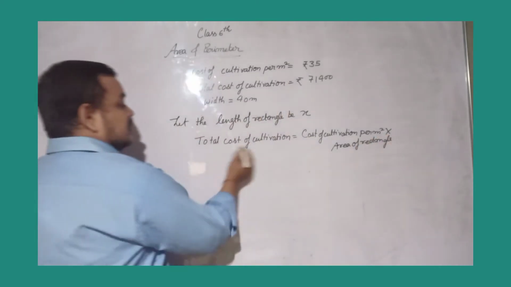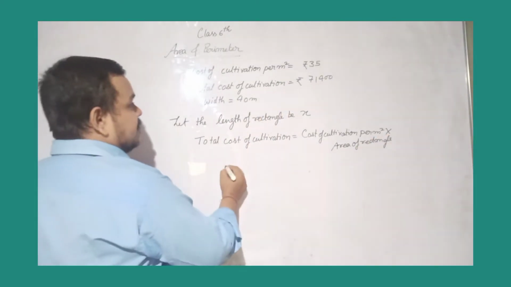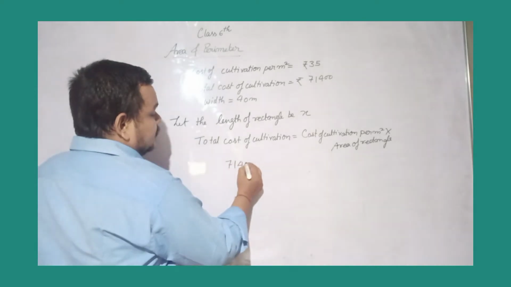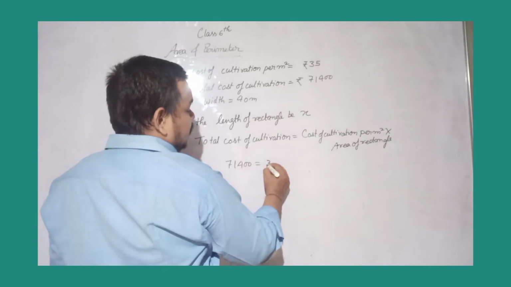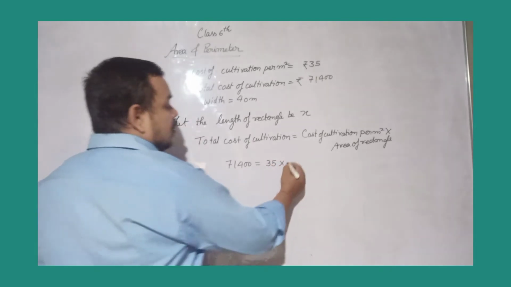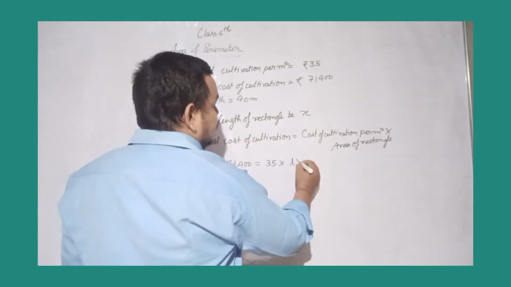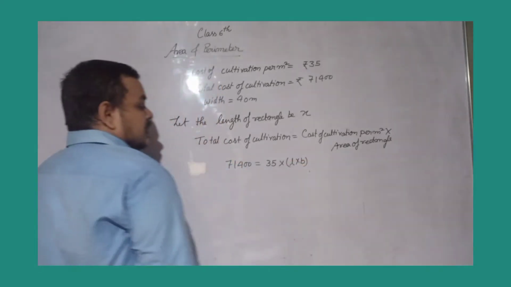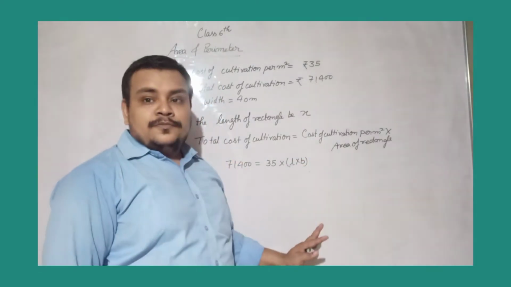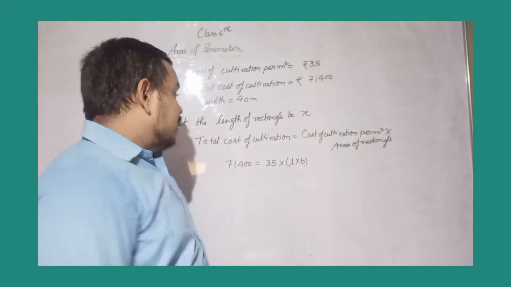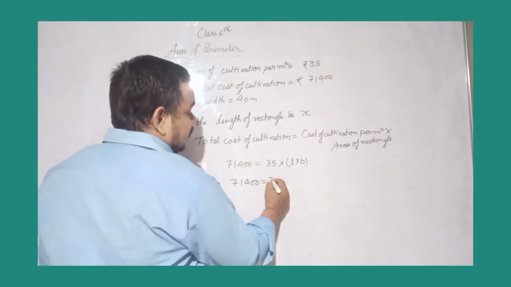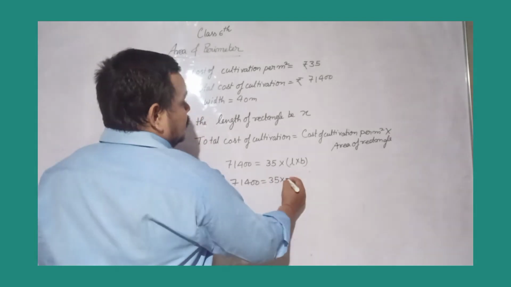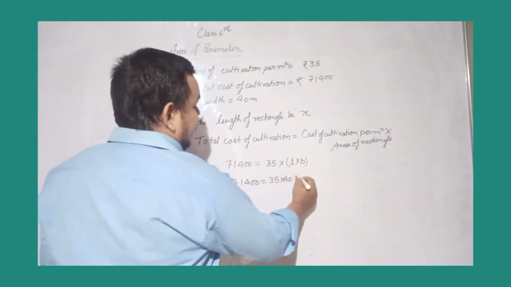And as we know the total cost of cultivation is given 71,400 rupees, cost of 1 meter square is given 35 rupees, and area of rectangle is L into B, where we have not found the value of L; we have to find it. So 71,400 is equal to 35 into B, which is 40, multiplying with L.